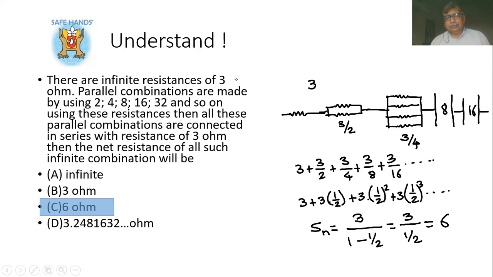So this is how it is. A very elementary piece of information in mathematics, geometric progression, will be useful for solving problems of physics.